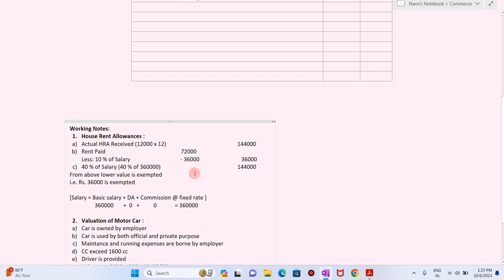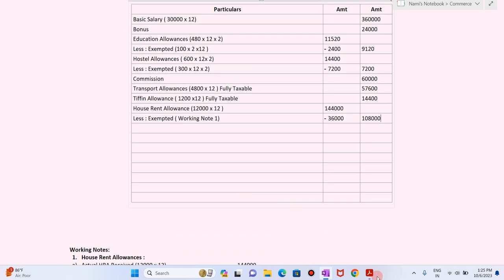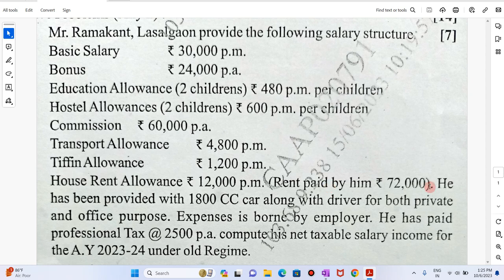Okay. Now, after house rent allowances, next is he has been provided with 1800 cc car along with the driver for both private and office purpose. Okay, and expenses are borne by employer.